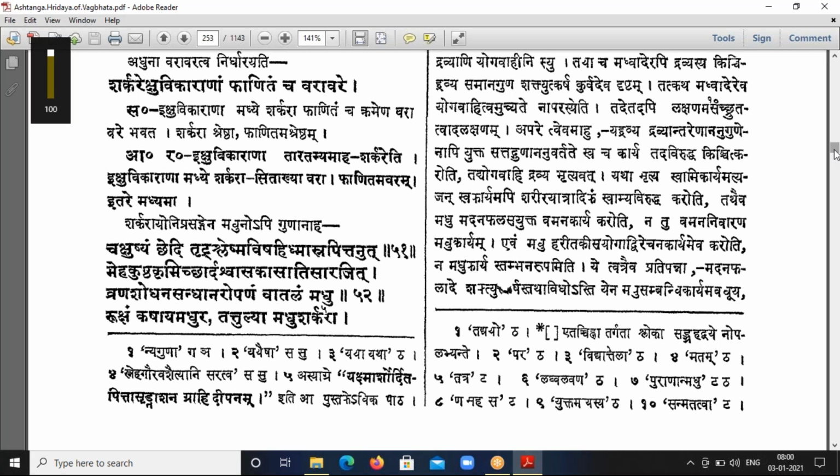Actually, these are some sort of misnomers. Because when we find the word Varam, generally it is understood as Shreshtham, but that never means that it is Pathyam. It is some sort of a grading. Among the Ikshuvikaras, Bhanidam is the least preferred one, and Sharkara is the most preferred one.